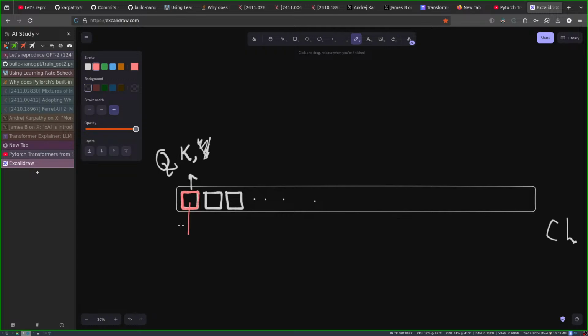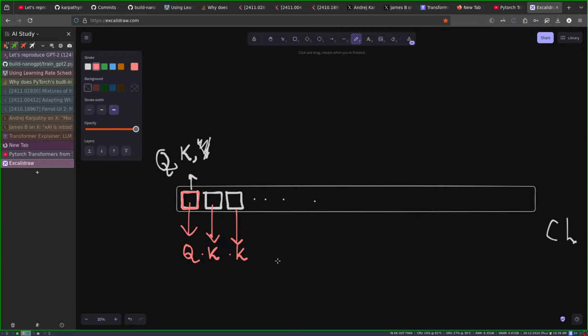In fact, we take in the query of the token. We multiply that query with the key of every other token. We matrix multiply it. It probably also requires transposing, but I'm going to ignore that fact right now.